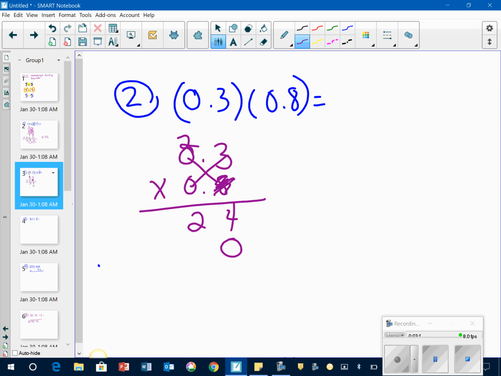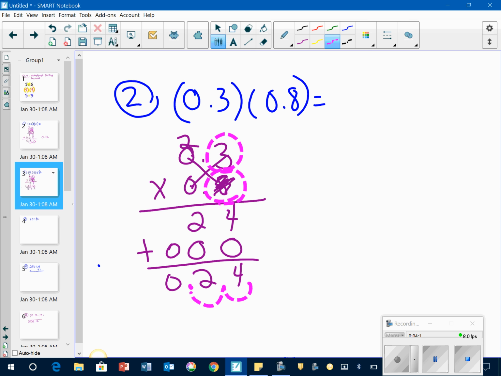So 0 times 3 is 0. 0 times 0 is 0. Add these two rows together. Come up with 0.24. Again, you have one decimal place here, one decimal place here. So you're going to move it over 2, 1, 2. So your answer is 0.24.